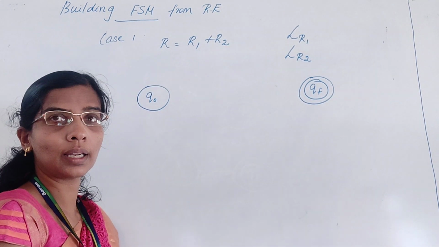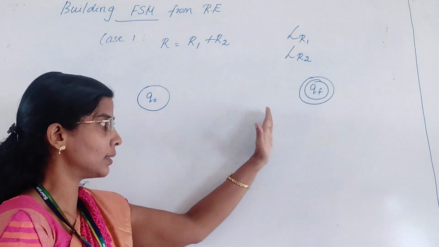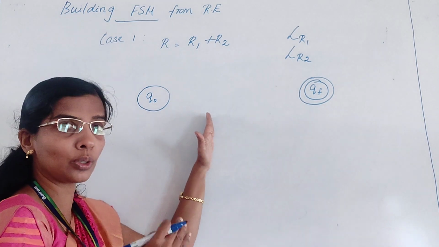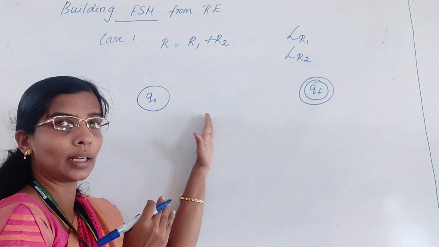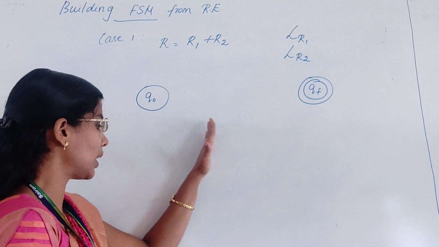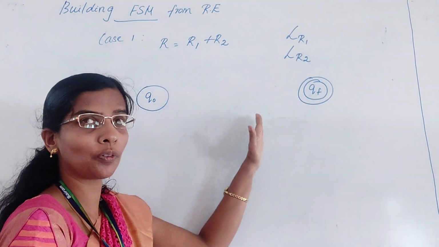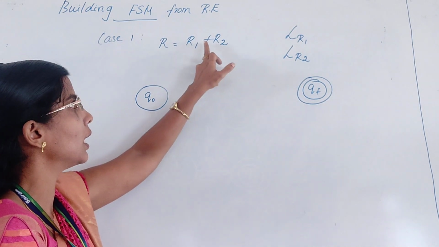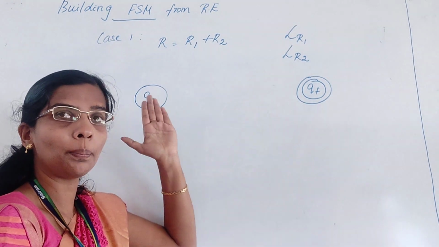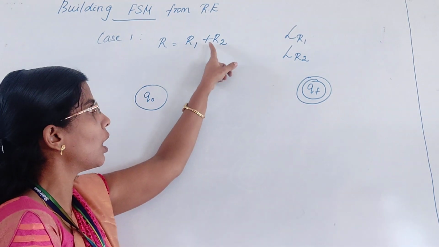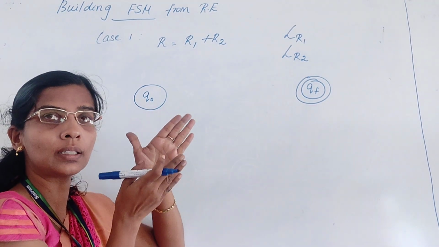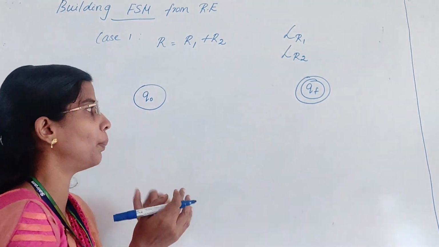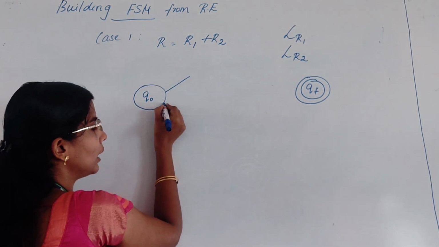What you have to do is, after your start state, you have to add one epsilon transition, and before your final state, you have to add epsilon transitions. And since it is plus, R1 plus R2, R1 or R2, so you have to take two branches.